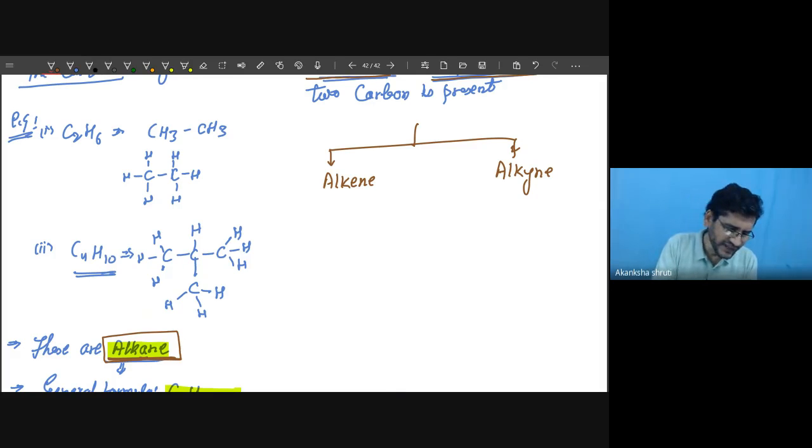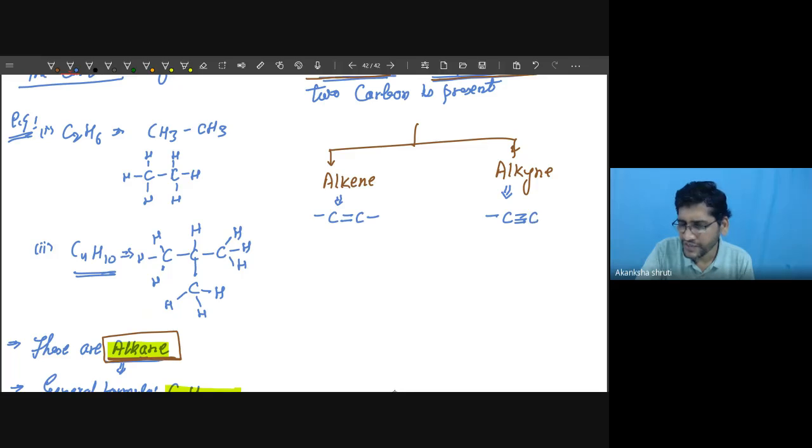Alkene means the hydrocarbon which contains at least 1 carbon-carbon double bond. This unit must be present. The other bonds may be satisfied with other carbon or hydrogen, but this unit must be there. For alkyne, between two carbon, a triple bond must be there. Keep in mind, I have drawn it here like this, but in fact, it is like this.